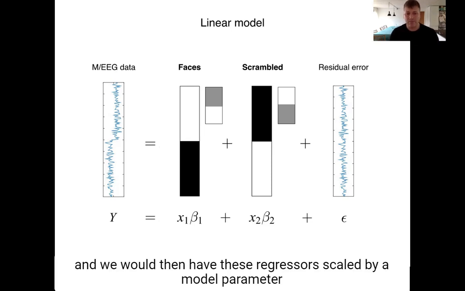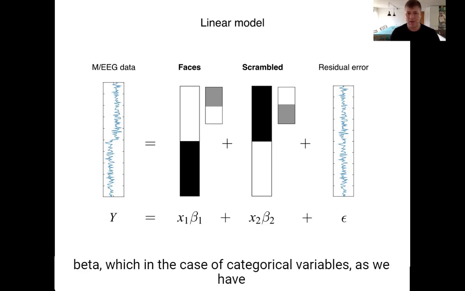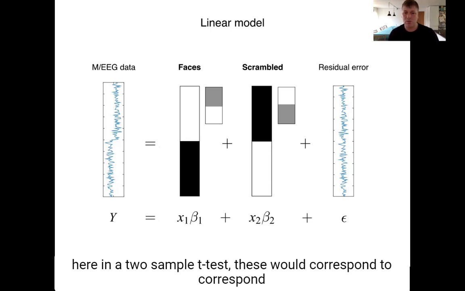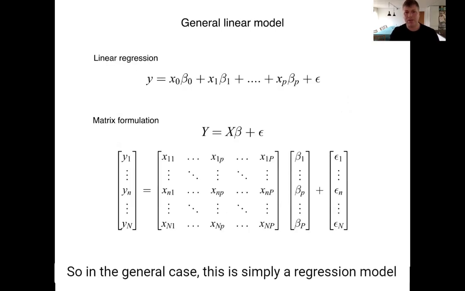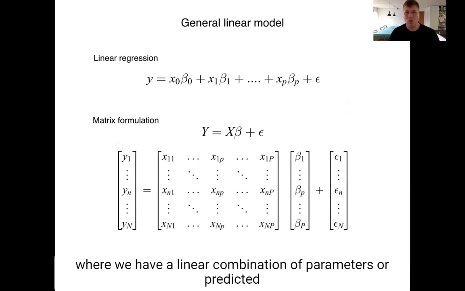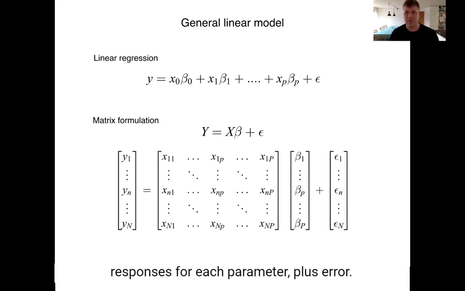We would then have these regressors scaled by a model parameter beta, which in the case of categorical variables, as we have here in a two-sample t-test, would correspond to the mean, plus some residual error. So in the general case, this is simply a regression model where we have a linear combination of predicted responses, x times beta, for each parameter p, plus error.